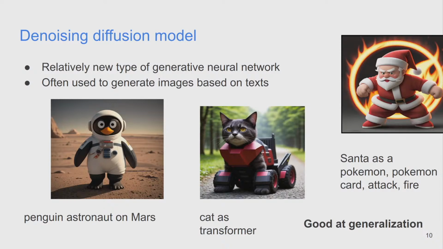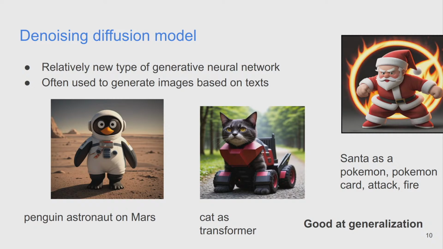So using an ensemble approach allows you also to take into account this uncertainty. Okay, and we're using here a denoising diffusion model, which is a new type of generative model. It's really fun to play with. So you can generate images based on text, and they are really good at generalization.